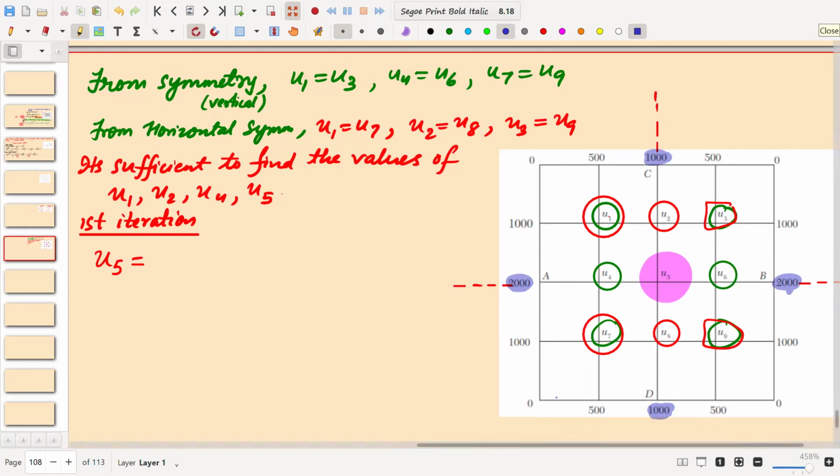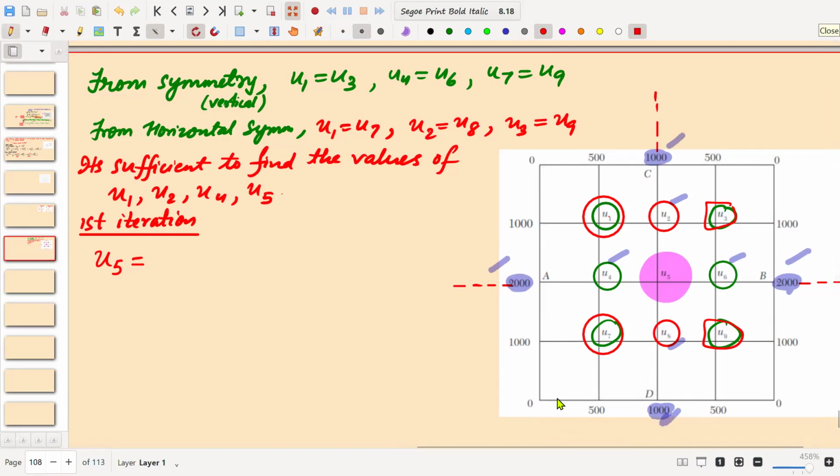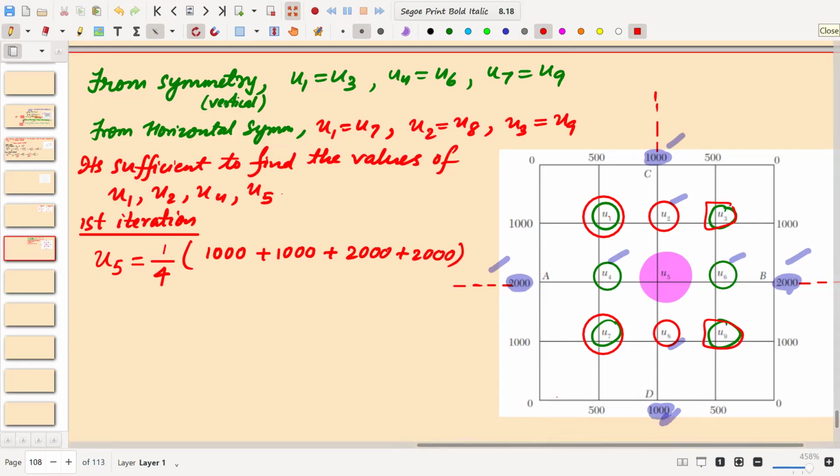You are telling that we can take U2, U4, U6, U8, but we don't know those values. So we have to take some values which are available to us. So 1 by 4 times 1000 at the top, 1000 at the bottom, 2000 on the left, 2000 on the right. Mind you, this is the first iteration, so we are playing a bit rough.